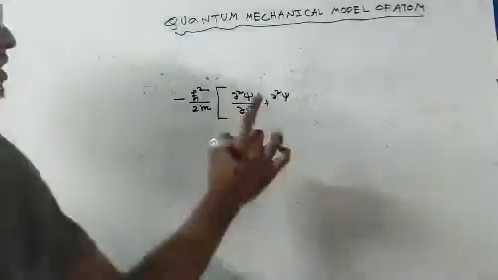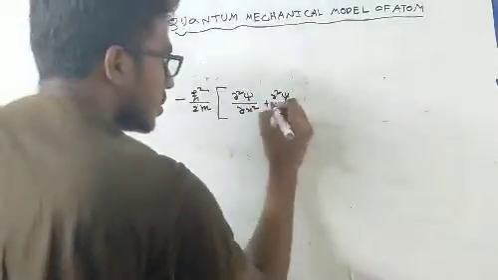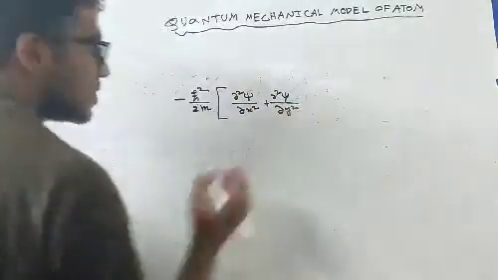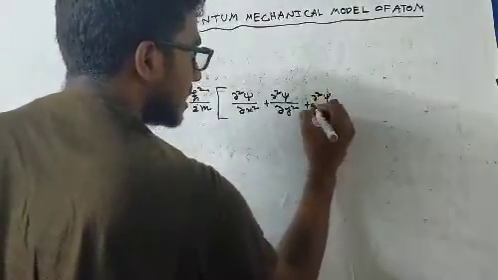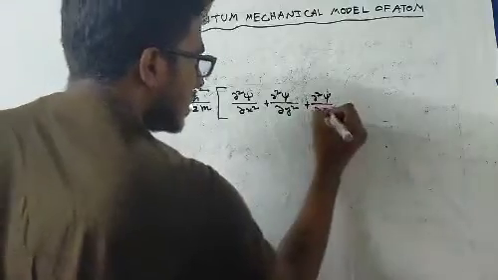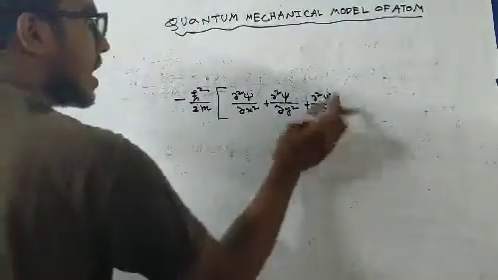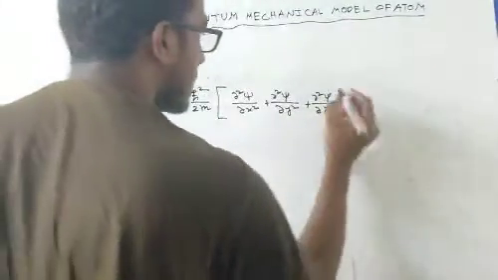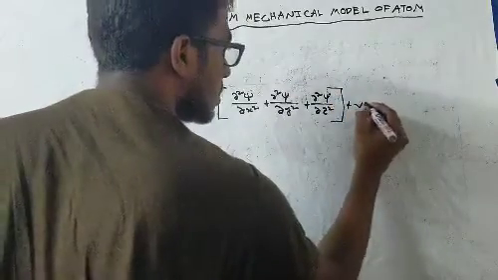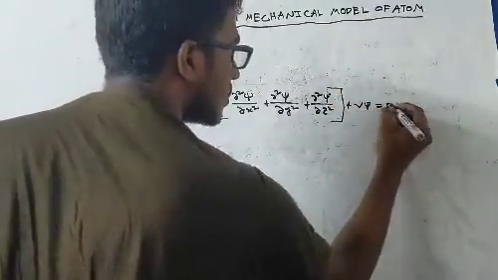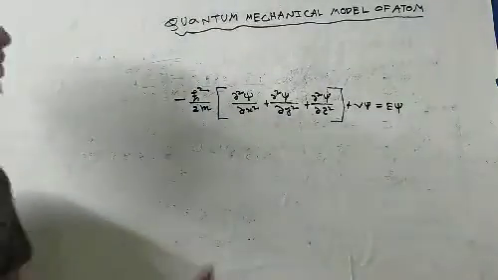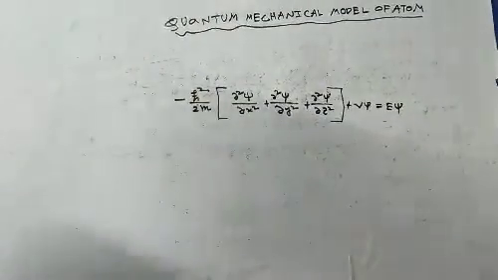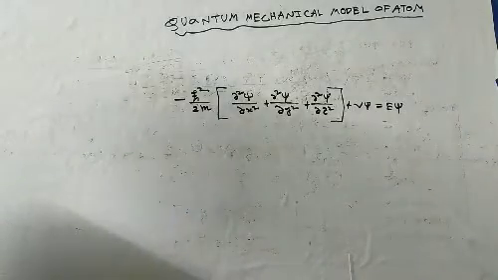So I am again doing the derivative on psi with respect to z, plus potential energy times psi equals total energy times psi. Okay, so we said that this is the Schrodinger equation.